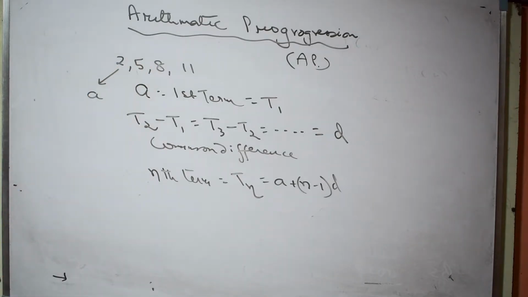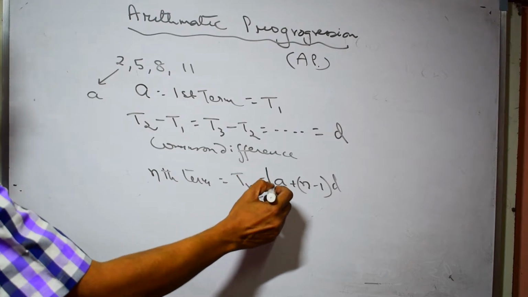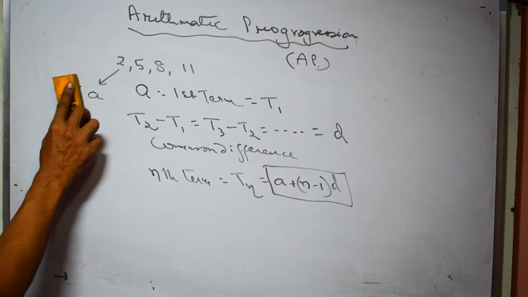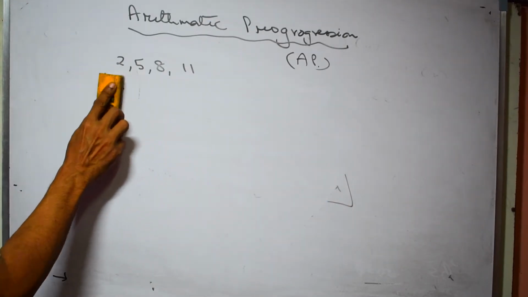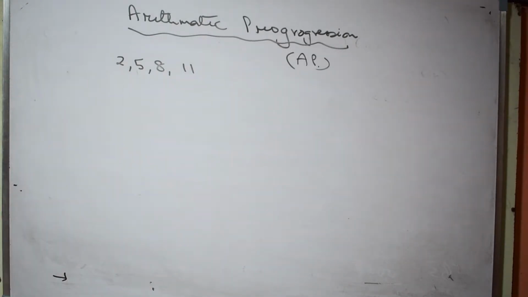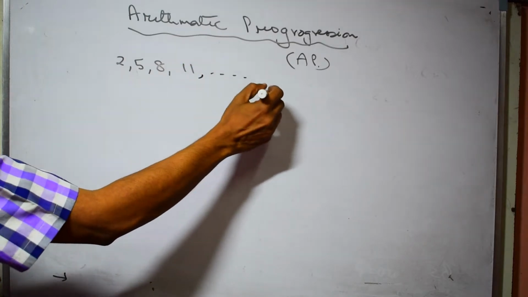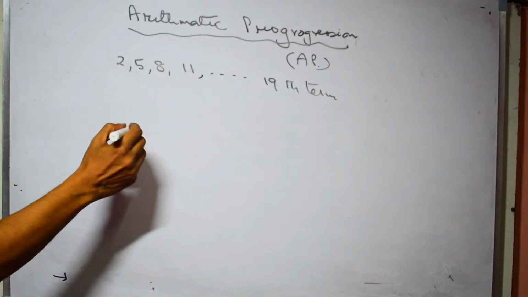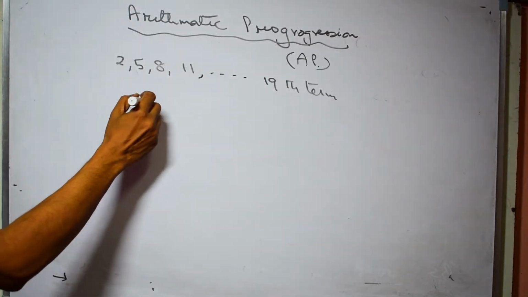So when I am finding that particular term, we need the first term plus the term number minus 1 into difference. This is the first thing, that is the nth term. So if I want to know the 19th term of this sequence, we'll write A, that is 2.